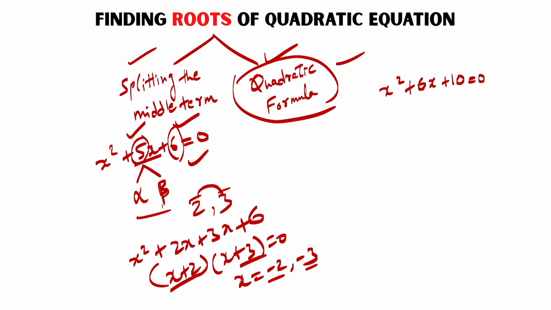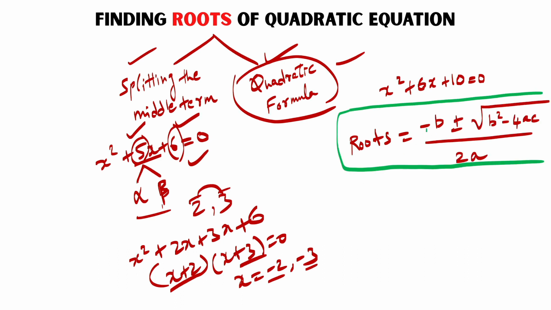Now, in the quadratic formula method, what is the formula? The formula is given by roots is equal to minus b plus or minus root of b square minus 4ac by 2a. Here a is the coefficient of x square, c is the constant, and b is the coefficient of x.